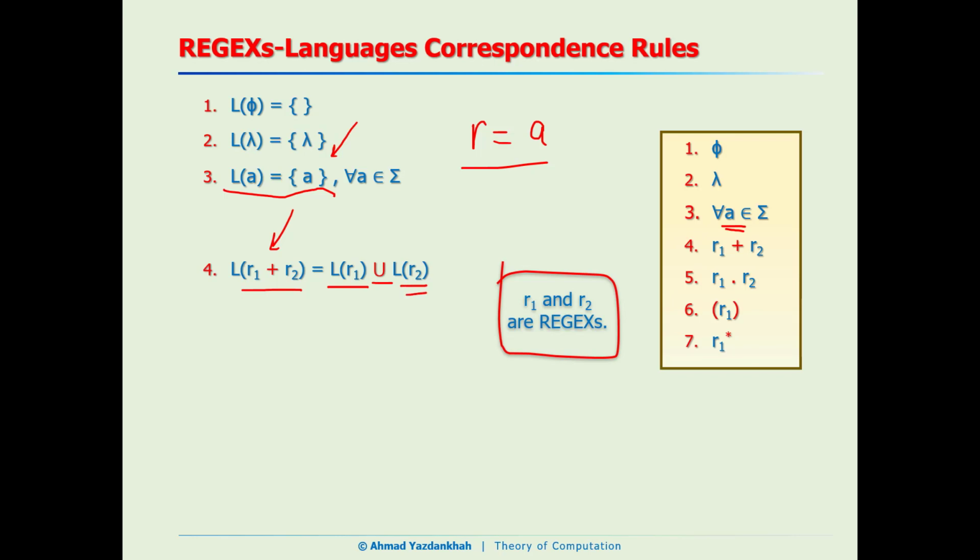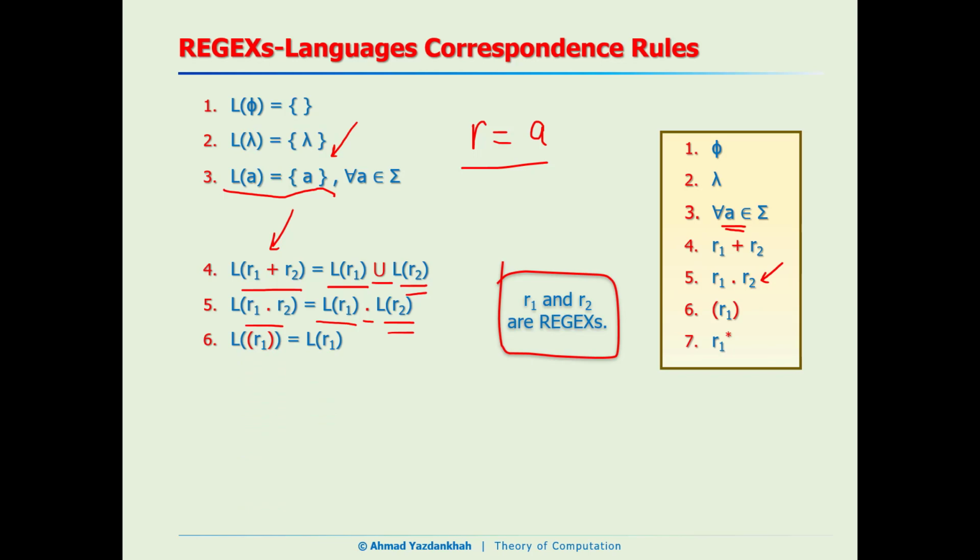We assume that R1 and R2 are regexes. The next rule is concatenation. L of R1 dot R2 is equivalent to L of R1 dot L of R2.